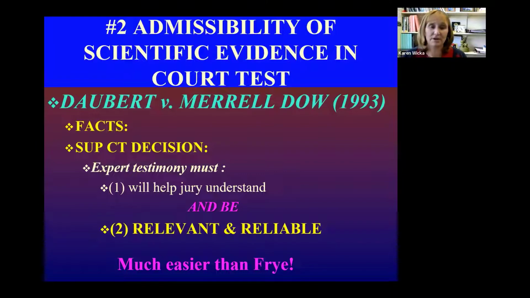But under Daubert, you definitely could, because all you have to show is that it's relevant to the case and it's generally reliable evidence, meaning you can reproduce the results. Other scientists could do the same test and they could get similar results. So a lot more types of forensic evidence are going to be admissible under this Daubert test than was permitted under Fry.